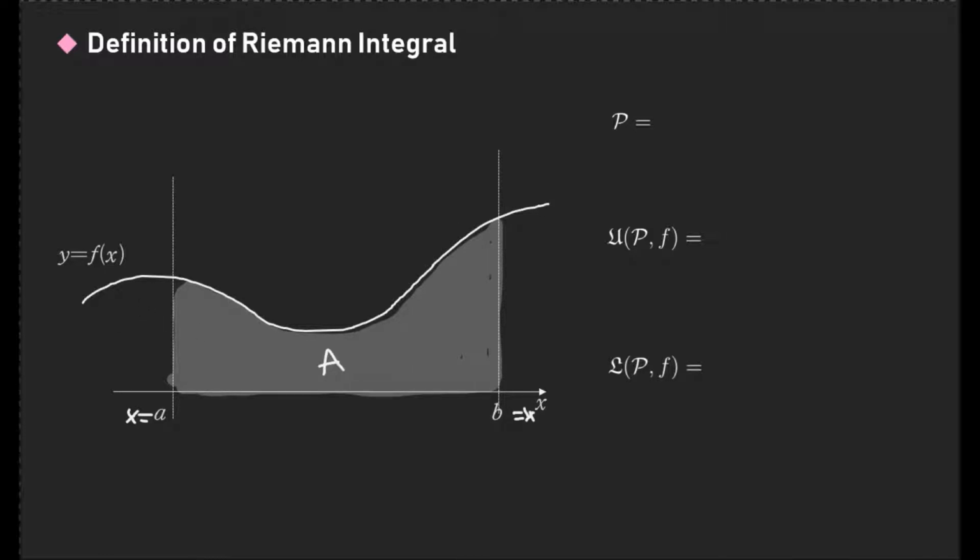The primitive method is to evaluate the area in an easily understood way. For example, this is not a square and not a triangle, so we cannot use any formula to evaluate this.